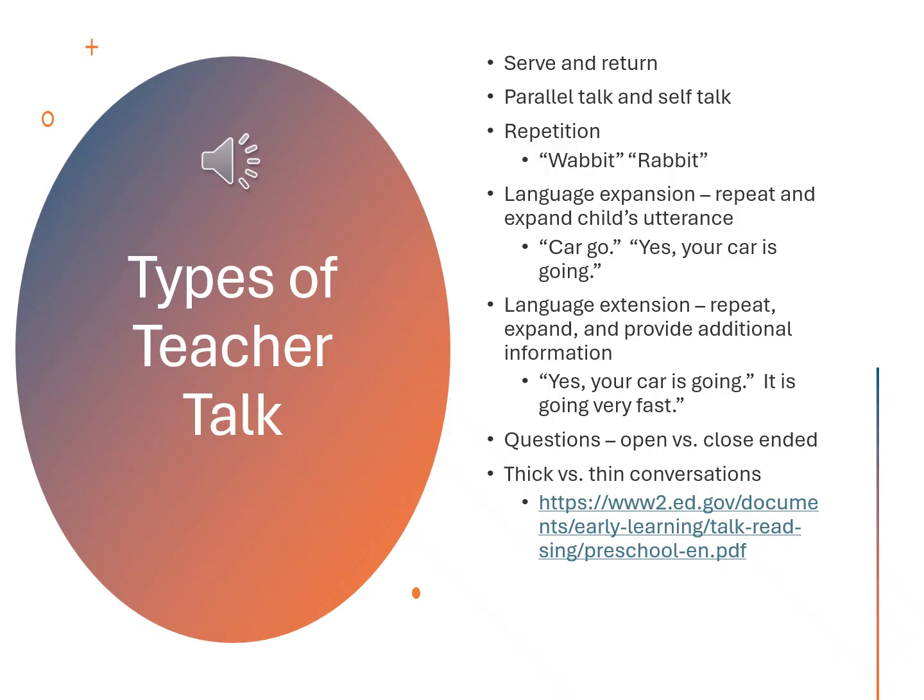These are all things that I can do to both repeat and expand. So there's expansion and then there's also extension. So I repeat, I expand, and then I provide even more information. Yes, your car is going. It is going very fast. So the child had not said anything about the car going fast, but I'm adding that in.